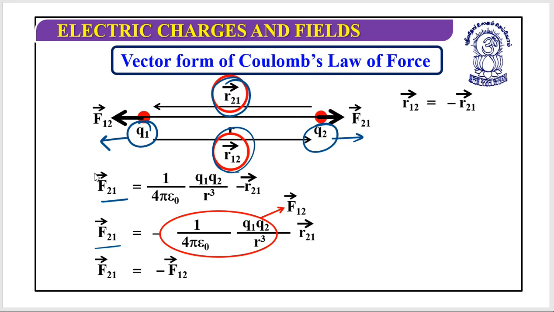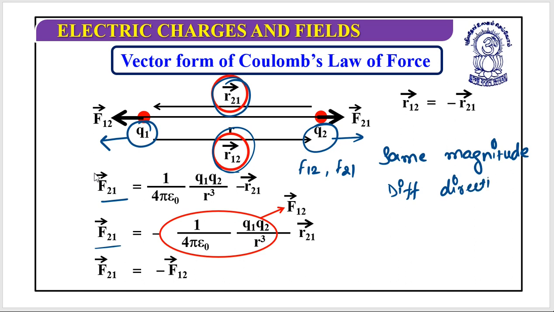They are not cancelling each other, but they have the same value. Look at this, same magnitude. I'm talking about F12 and F21. Different direction, that means opposite directions, rather to say.